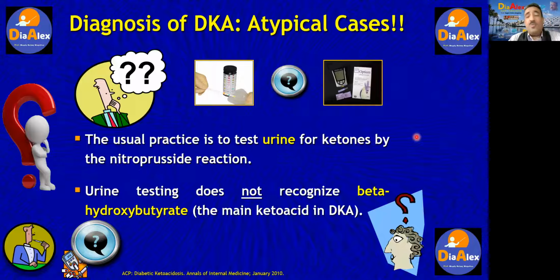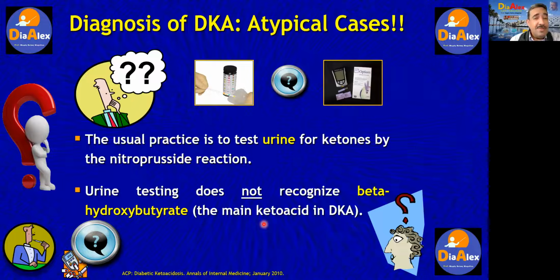Because simply we usually depend on the urine strips to document the presence of ketone bodies. Urinary strips usually use a method called the nitroprusside reaction. And this method does not recognize beta-hydroxybutyric acid, which is the main keto acid in DKA and the earliest ketone body to be released in DKA.